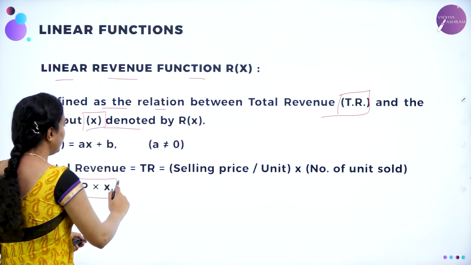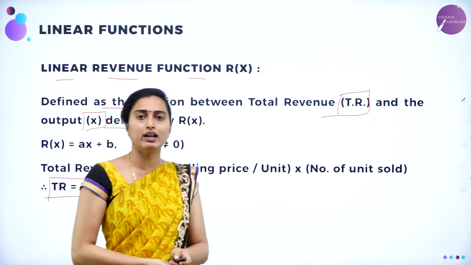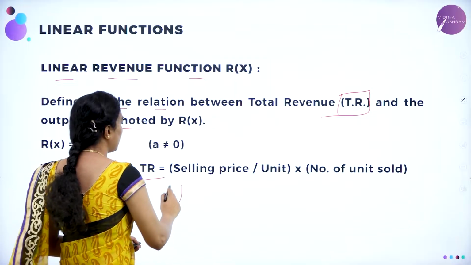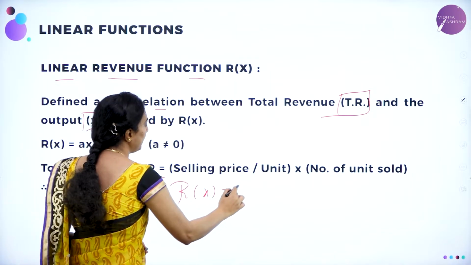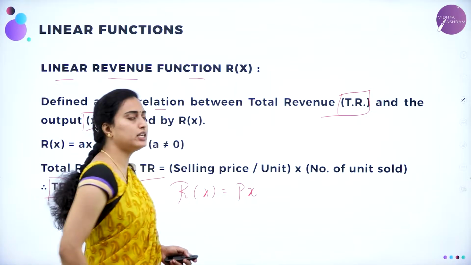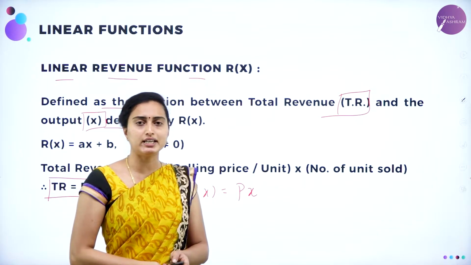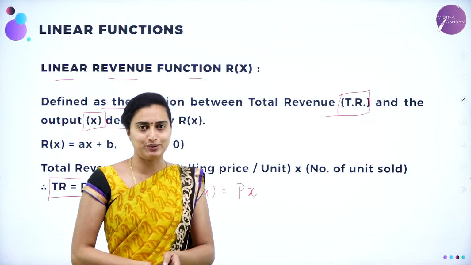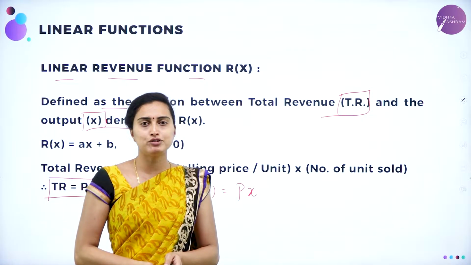So this is the formula you are going to have for total revenue, or you are going to write it as R of X is equal to P into X, where P is the price per unit and X is the number of units sold out. I hope you understood this one.